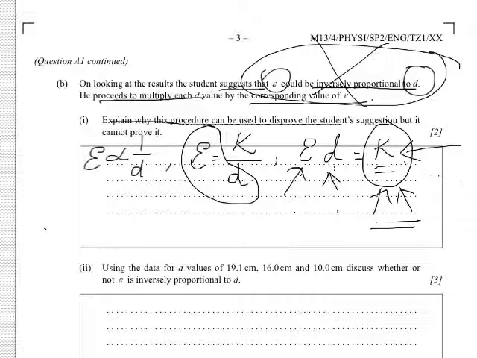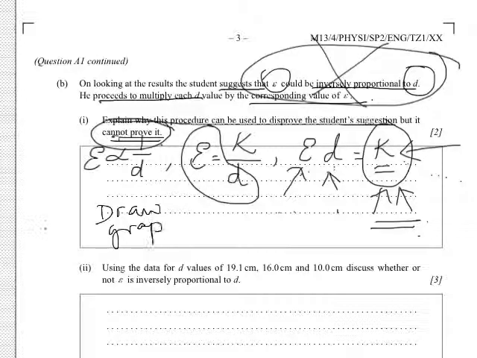That's why we have error bars. We have a range of uncertainty. So it's pretty likely that, using the numbers generated in the experiment, you won't prove it, even if it is true. And that's why you need to draw a graph. Drawing a graph and working out gradients are much better ways of looking at the likelihood of a relationship. So this is a very tricky question.